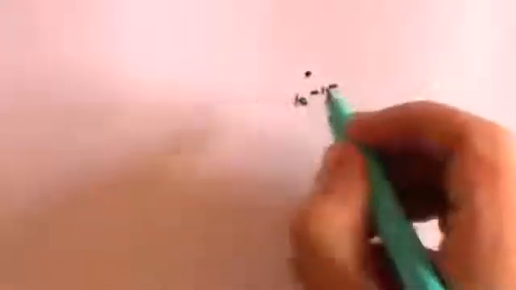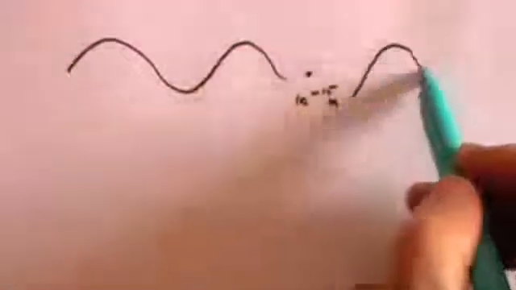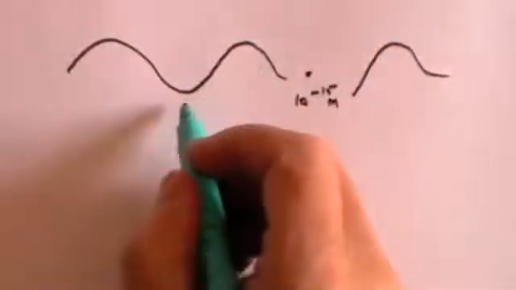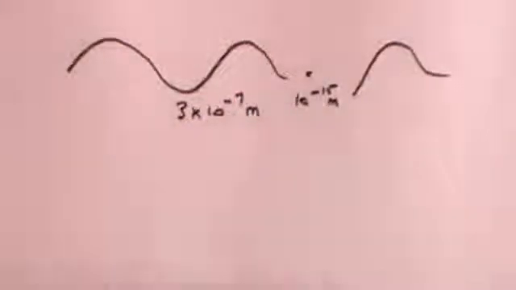Well, before we proceed, let's just ask the question, why do we have to do all this scattering malarkey? Why don't we just look at a nucleus under a microscope? Well, we've just established that the radius of a nucleus is of the order of 10 to the minus 15 meters. What is the wavelength of light? Well, the wavelength of light is approximately, say, 3 times 10 to the minus 7 meters.